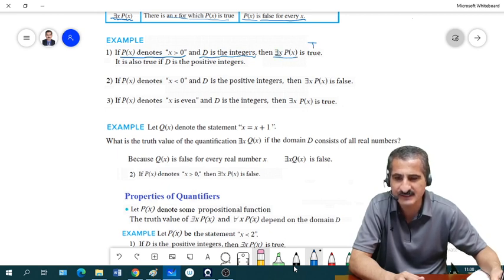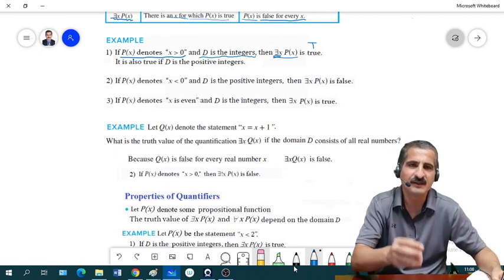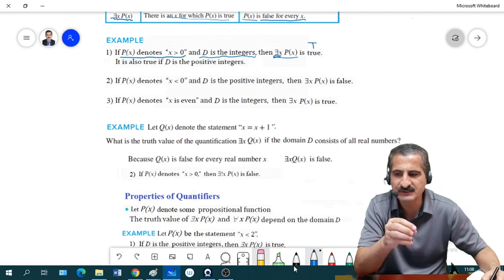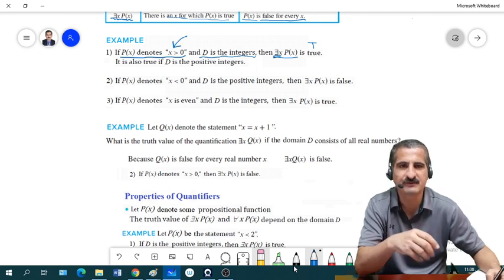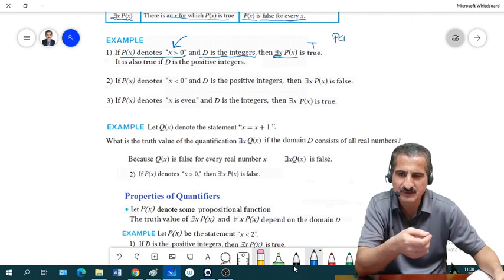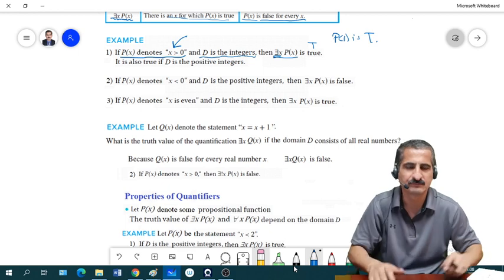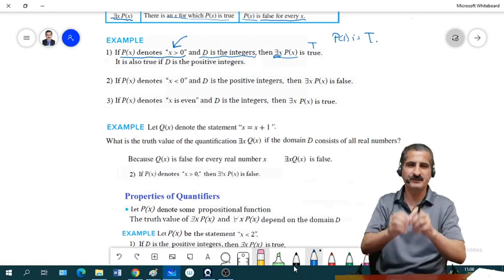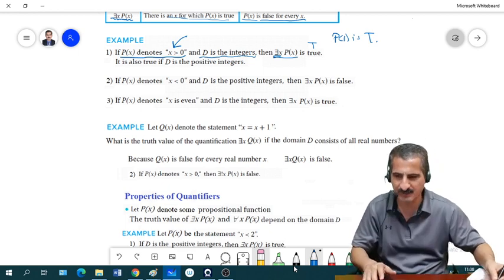There exists x, p of x, which means there exists an integer such that that integer is positive. Do we have such an integer? Yes, because p of 1 is true. So this is enough to make there exists x such that p of x happens.